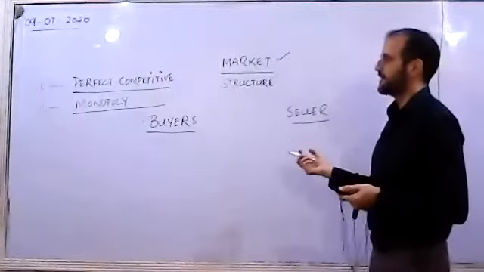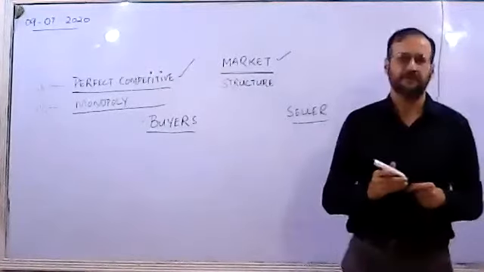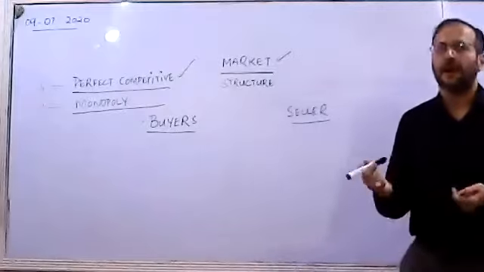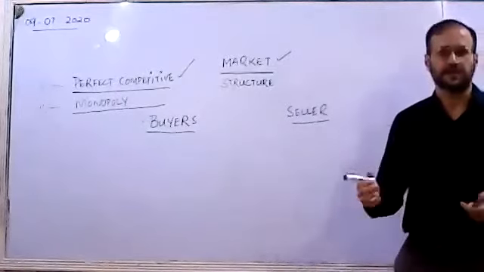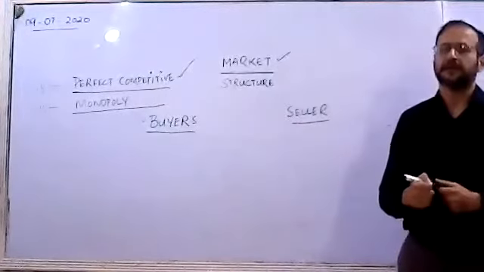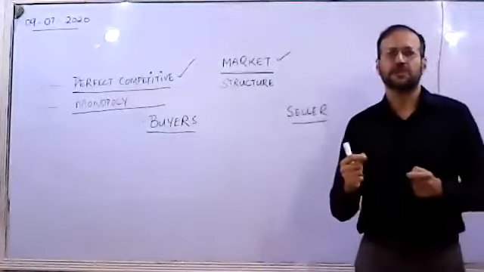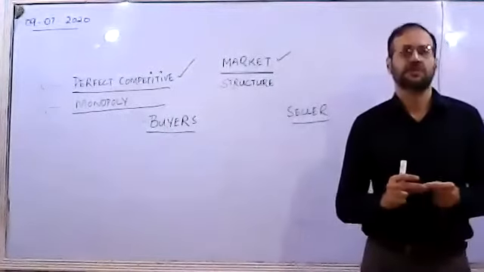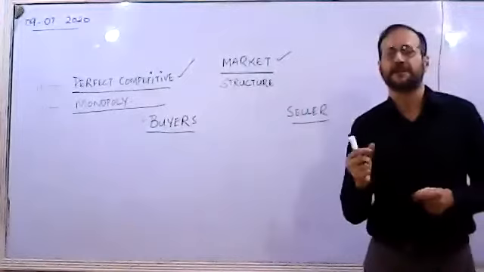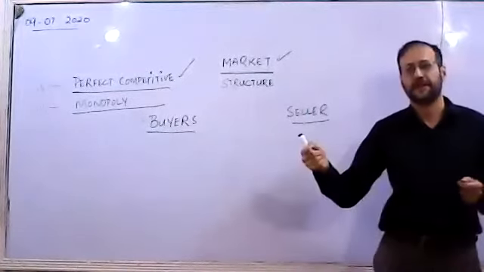So how do we understand them? Today our content is about the perfectly competitive market structure, and how the buyers and sellers actually exist. To understand it better, how does a perfect market exist, and how can we identify whether a market is perfect or something else?